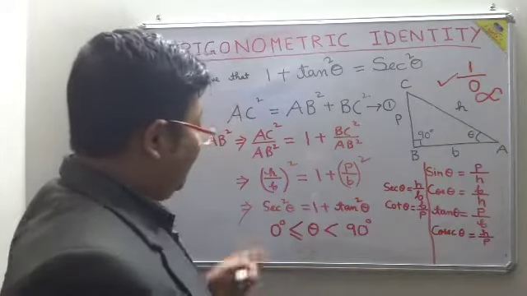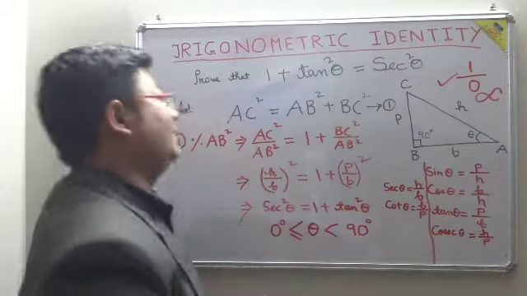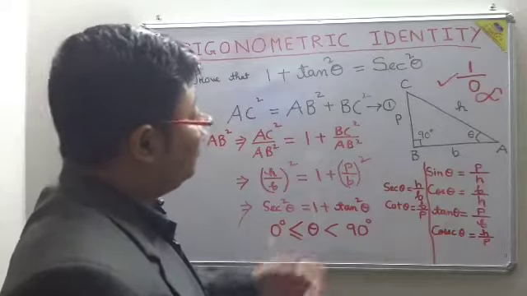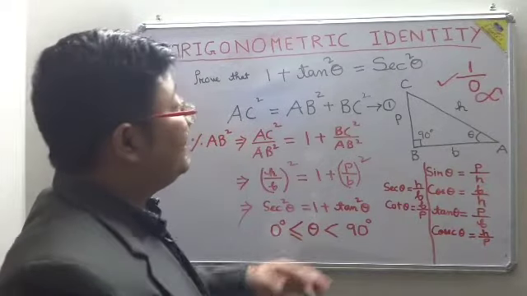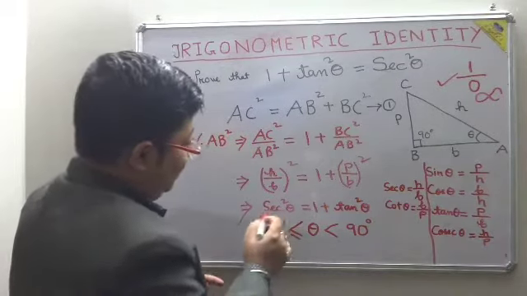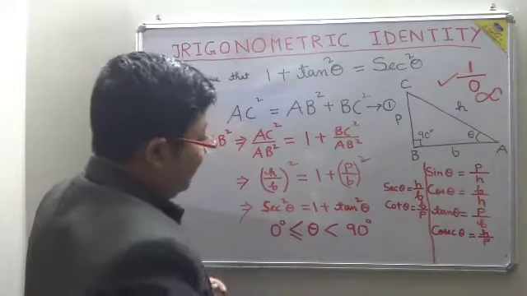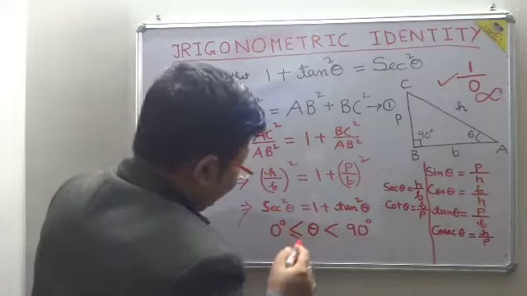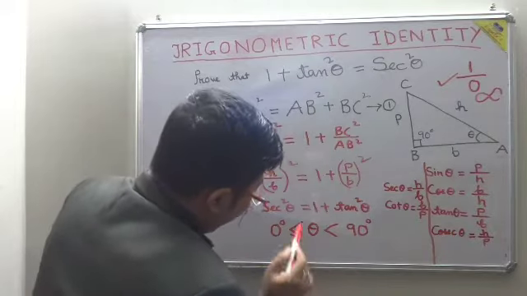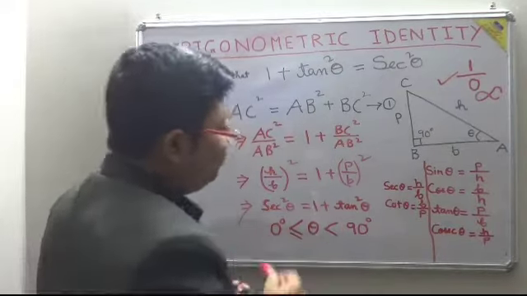So it will not hold for 90 degree. Similarly, sec is also not valid for 90 degree. So sec square theta equals 1 plus tan square theta if and only if theta lies between 0 and 90, including 0 but not 90.